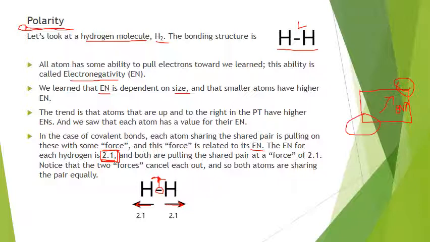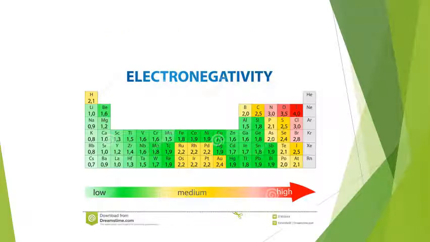Now, this can be related to vectors. A vector has magnitude and direction. So this has a magnitude of 2.1 with a direction to the left. This has a magnitude of 2.1 to the right. Okay, so here's the table of electronegativity.